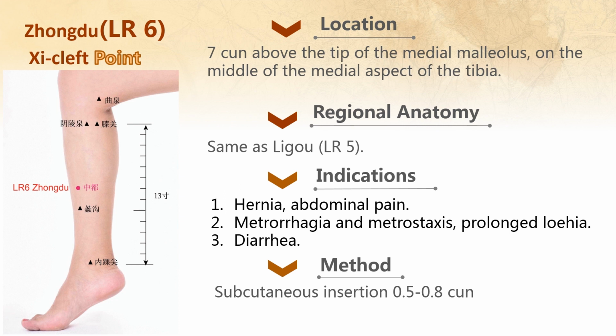Its indications include hernia, abdominal pain, metrorrhagia, and diarrhea. The operating method is subcutaneous insertion 0.5 to 0.8 cun.